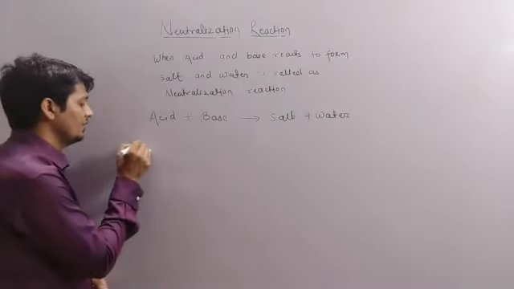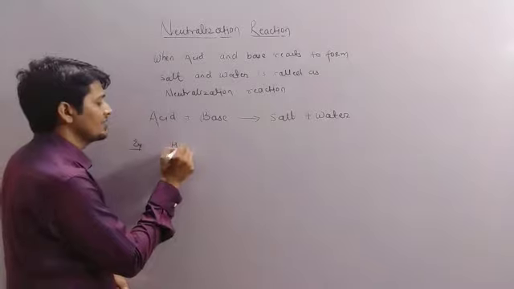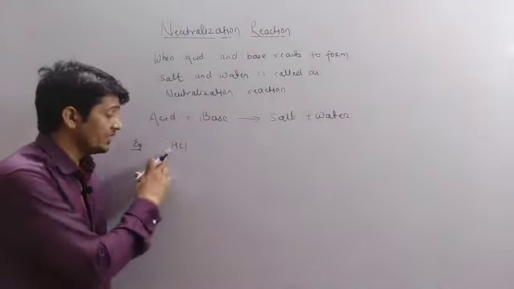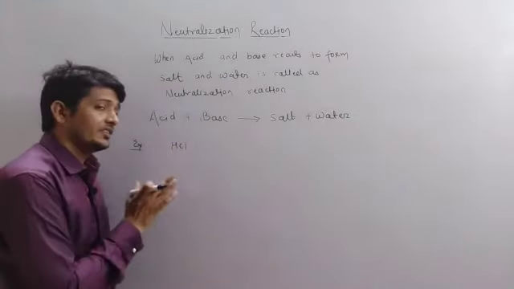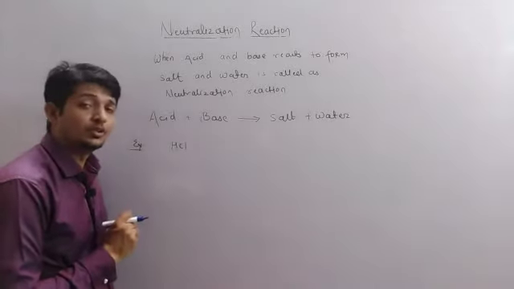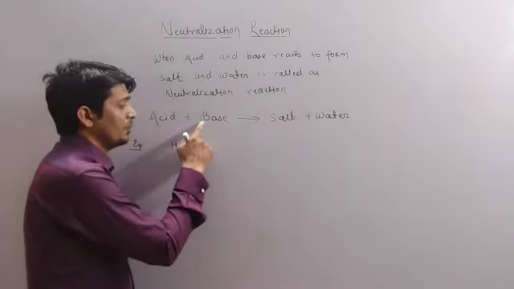For example, we have taken acid as HCl, it is hydrochloric acid. You will see this type of acids in your chemistry laboratory in your school. So HCl is the acid, plus base.